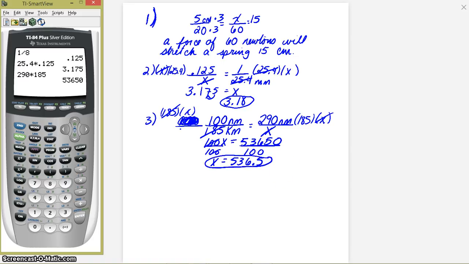Okay. And 4, we'll finish off this page. Game wardens used experiments to help determine the number of fish in the lake. Suppose 100 fish are caught, tagged, and released back into the lake. So your original tagged was 100 tagged, out of, we don't know, right?